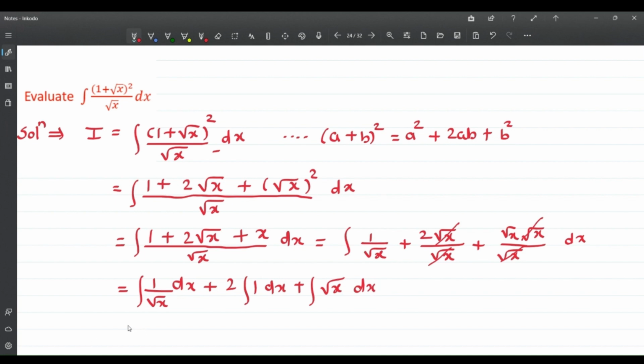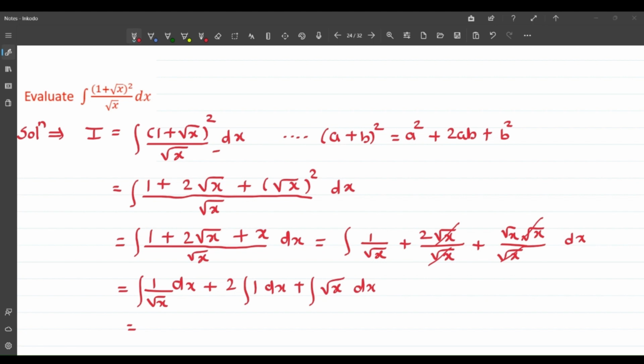In the standard formulas you have already seen, I will show you 1 upon root x and root x. You can see here the integral of 1 upon root x is 2 root x, while that of root x is 2 by 3 x root x plus c.